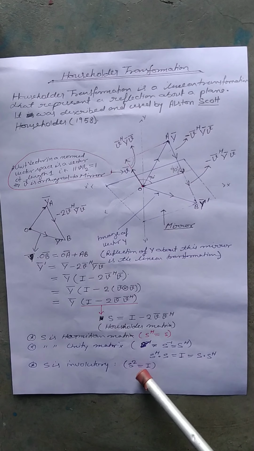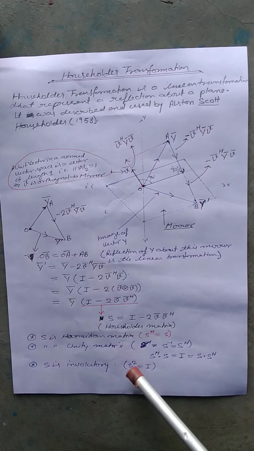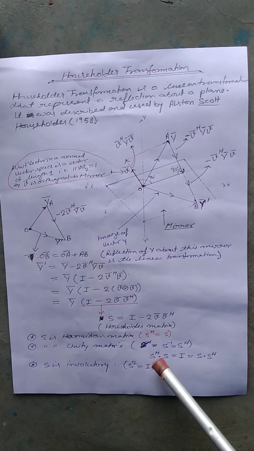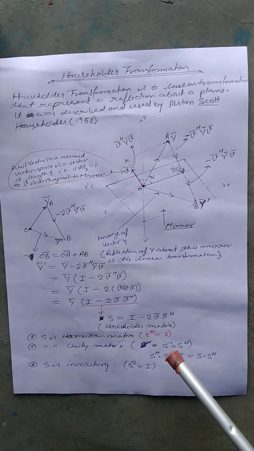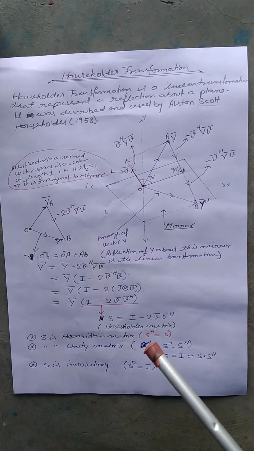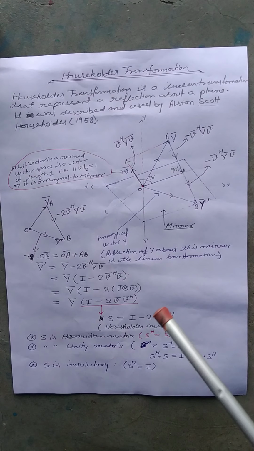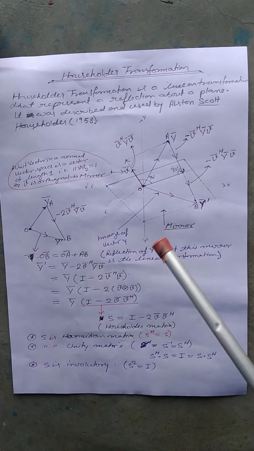Because if we solve lambda square minus 1 equal to 0, then we have two eigenvalues 1 and -1. And if the matrix has only two eigenvalues 1 and -1, then we can say that the determinant of the Householder matrix is -1. This is the basic concept of the Householder matrix.